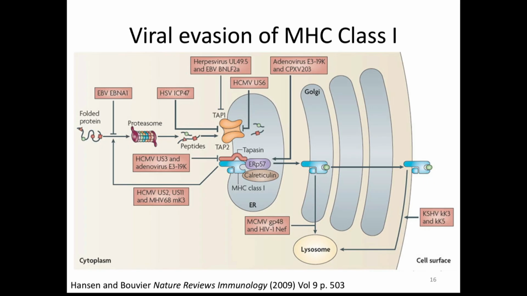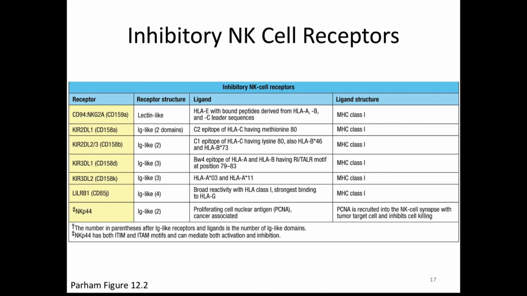So this is a little different than maybe what you normally think of as how you detect something. The idea here is that we have this inhibitory NK cell receptor. You can see in general our inhibitory NK cell receptors are binding class 1. And the idea is if the cell is making class 1 correctly, that's going to bind to the inhibitory receptor on the NK cell and turn the NK cell off.